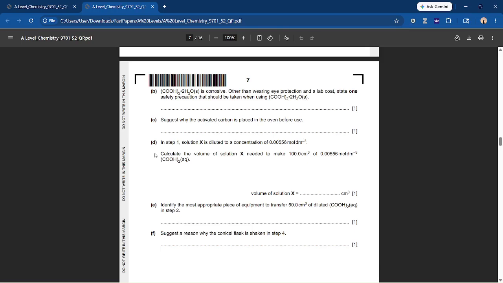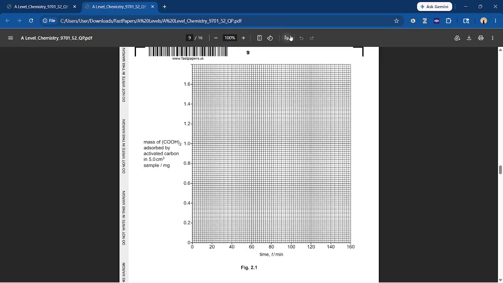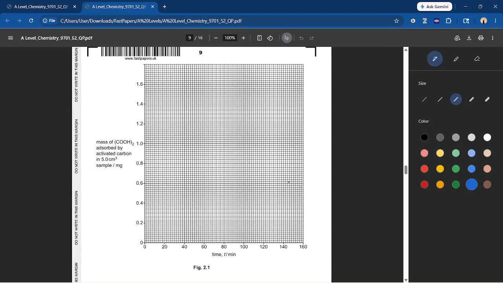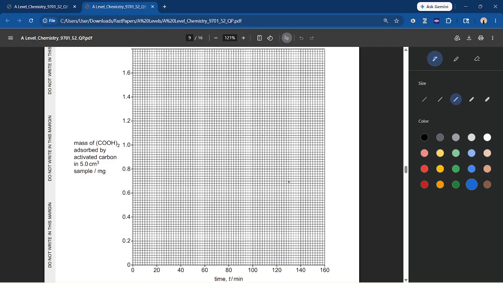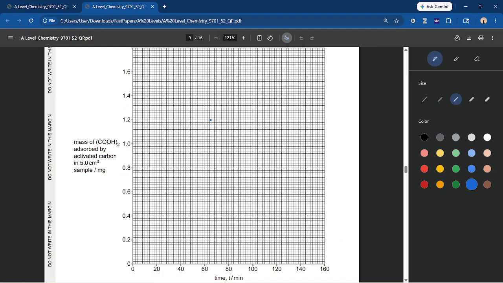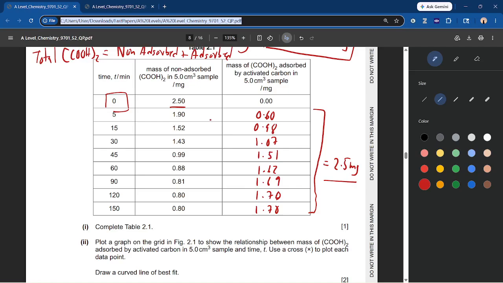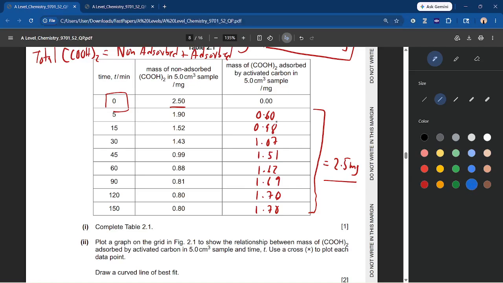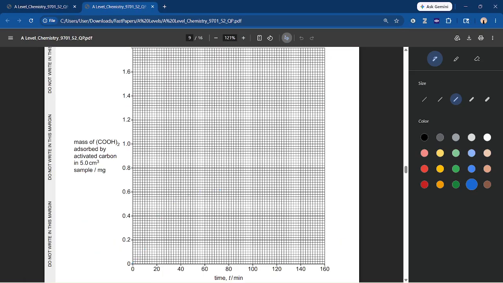All right, here, let me pull this out. I'll use a different color, why not? We'll do blue for this. Zoom in, make sure we're not too zoomed in. So we have time and we have the mass. At 0, the mass of non-adsorbed is going to be 2.5. For the adsorbed mass, we're going to go with these values, starting at 0 over here. Whenever you're doing graphs, make sure you use a very sharp, very thin pencil.